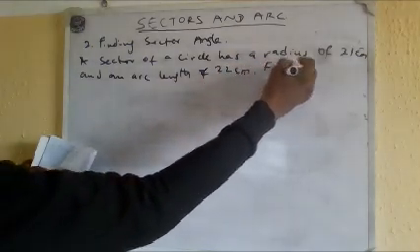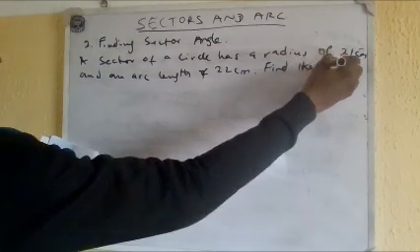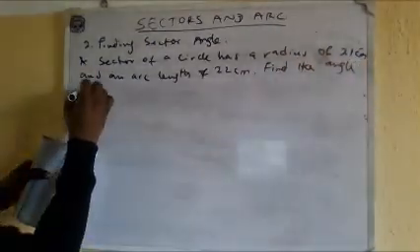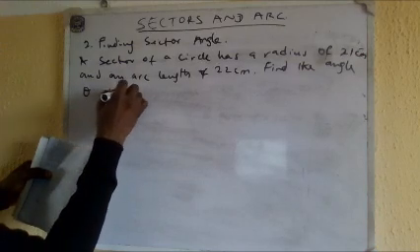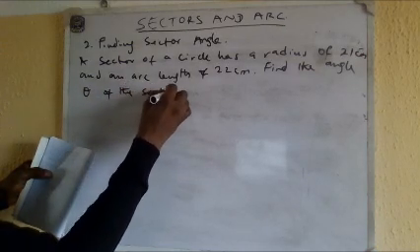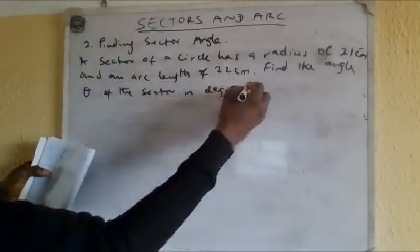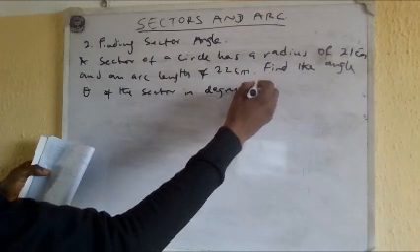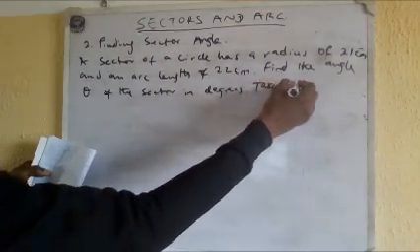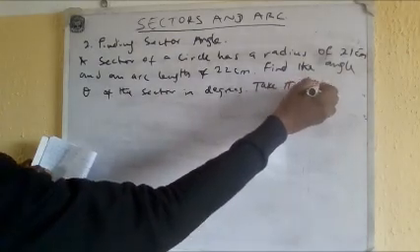Find the angle theta of the sector in degrees. Take pi is equal to 22 over 7.